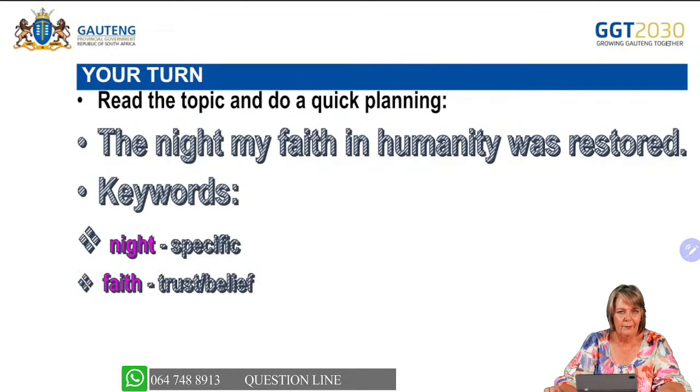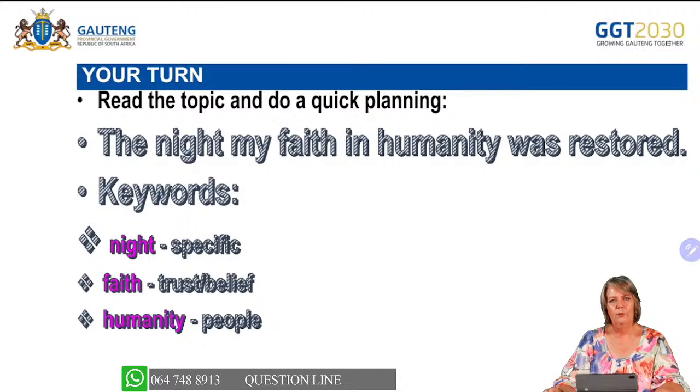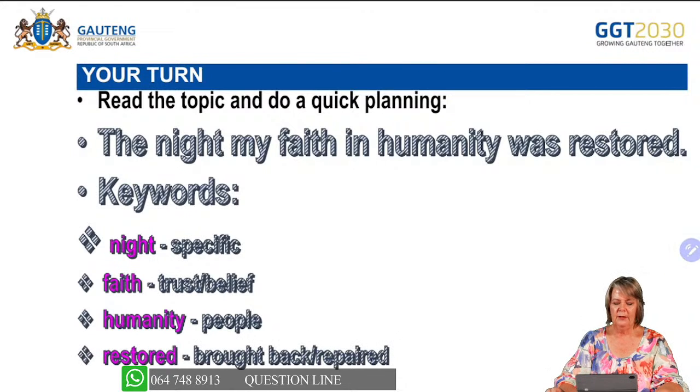Then faith. Faith refers to trust or belief. It doesn't necessarily have to refer to religion. It is the belief. When my faith in people was restored, it means your trust in people or your belief in people. The word humanity, of course, refers to people. And last but not least, the word restored.